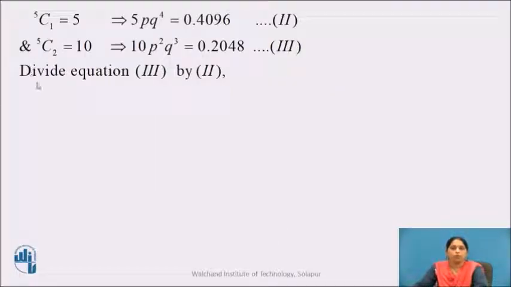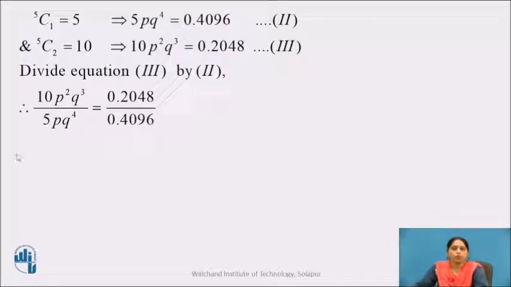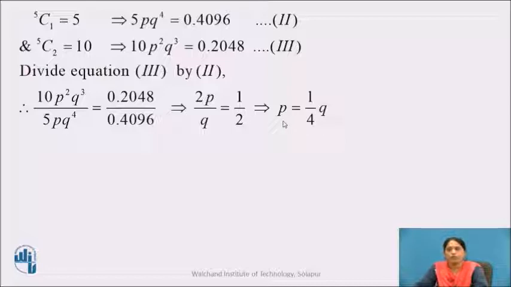Now to find out the value of p, we will divide equation 3 by equation number 2. So we can write 10p square q cube upon 5pq raised to 4 equals 0.2048 upon 0.4096, which gives us the equation 2p upon q equals 1 by 2, from which we get p equals 1 by 4q.